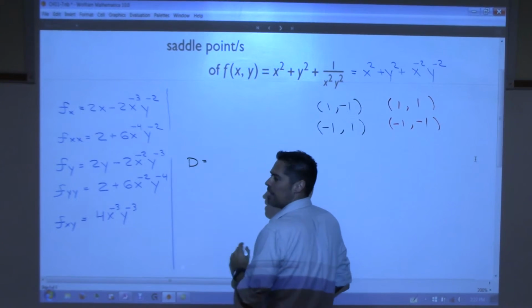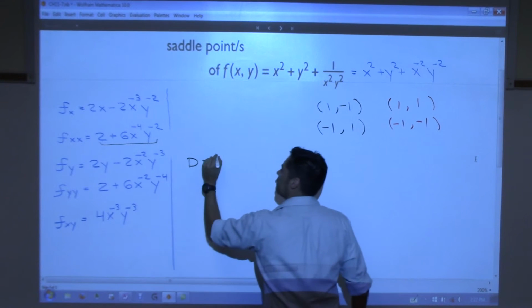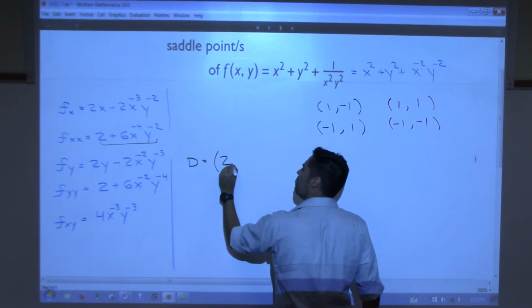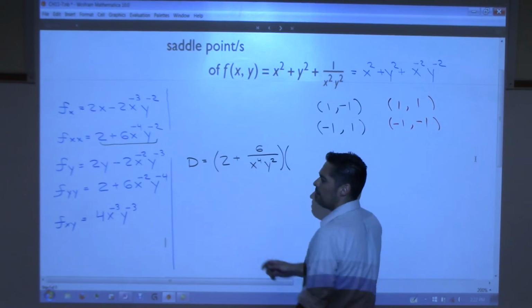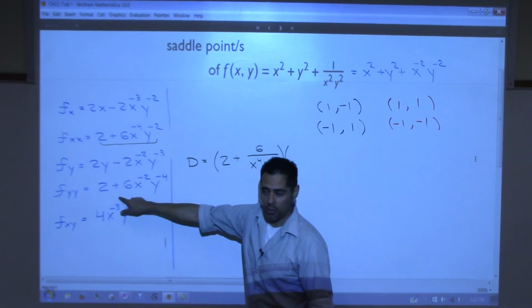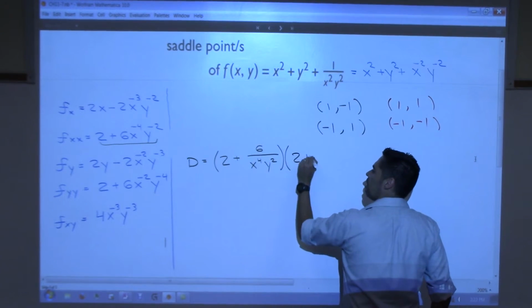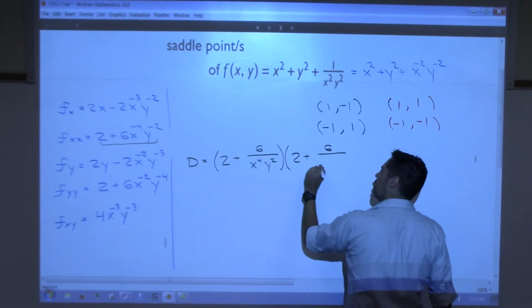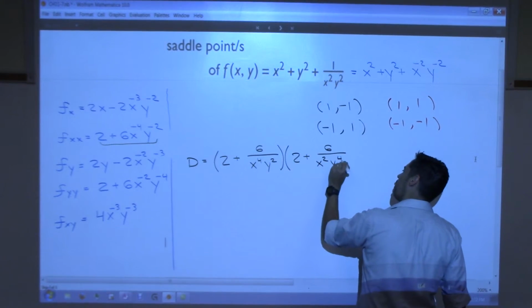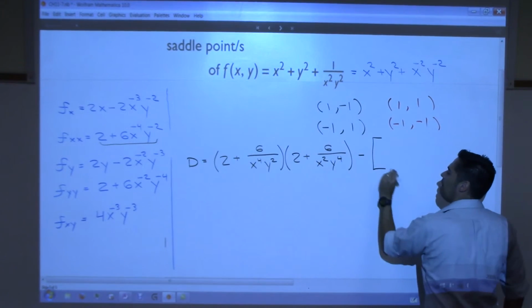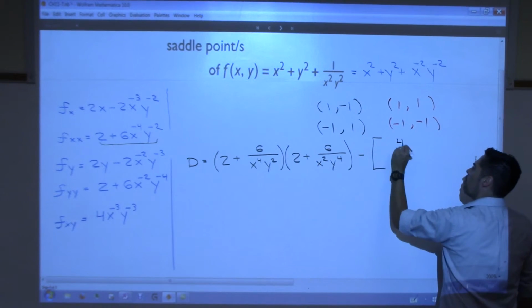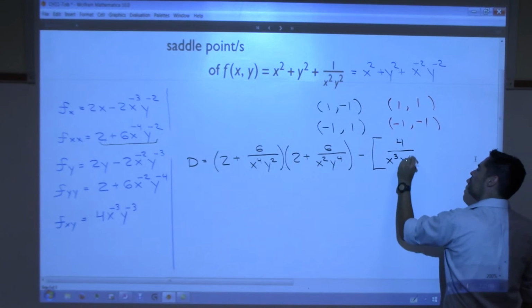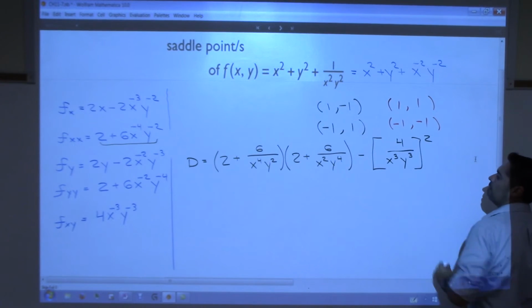It's fxx, it's this one. So it's 2 plus 6 over x to the 4th y squared times fyy, which is this one, 2 plus 6 over x squared y to the 4th, minus fxy, which is this one, 4 over x cubed y cubed, but then squared.